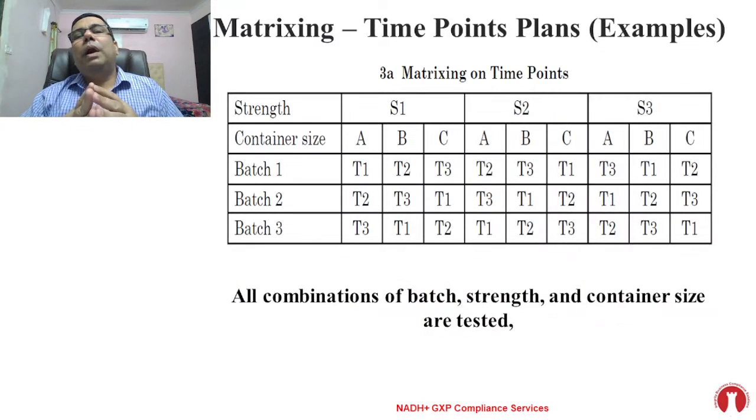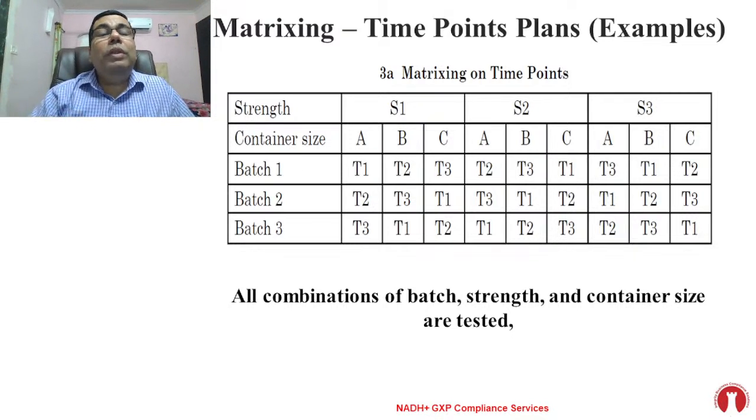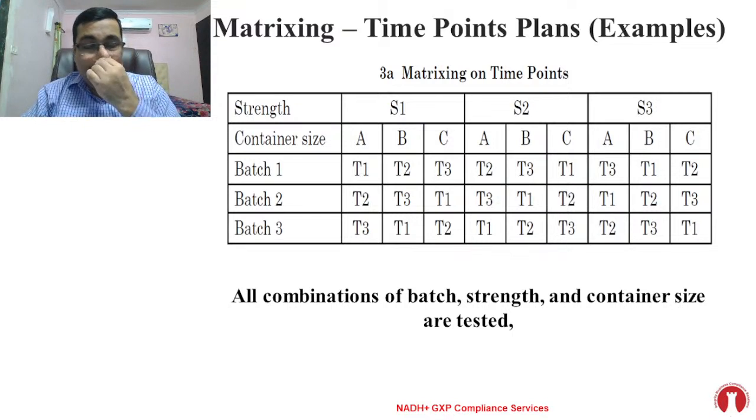Now the other matrixing approach is the time points plan. But again, I am telling you that whatever I am discussing, the time points plans and reduction plans, you need to have a justification for that. That should be specified in the stability study protocol.